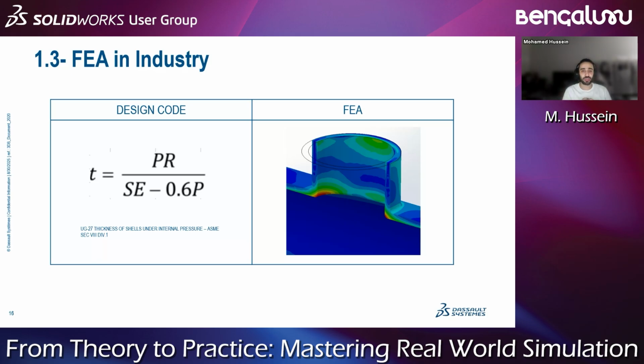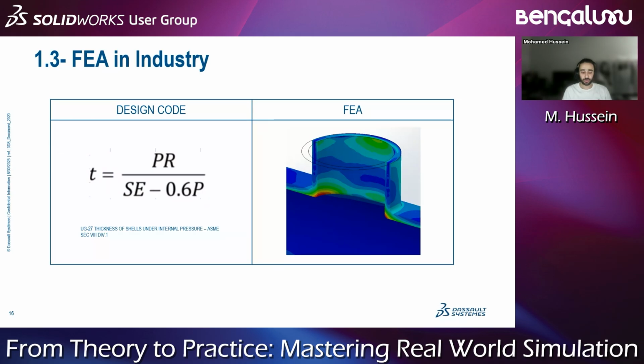FE shows you what your product limitation will be, what the stress distribution will be, or any other criteria requested by your client or your analysis team to check what is happening inside this pressure vessel or any other equipment that you are using.